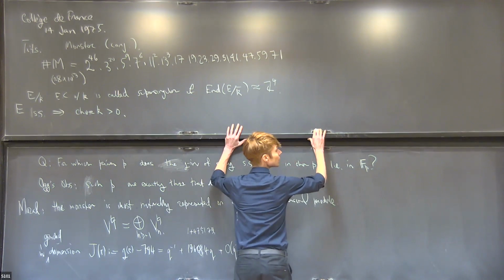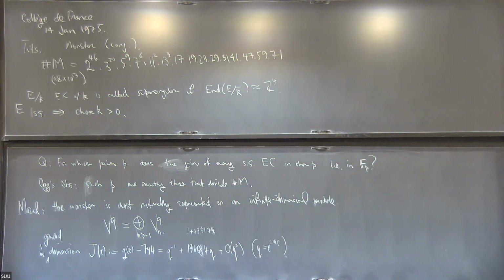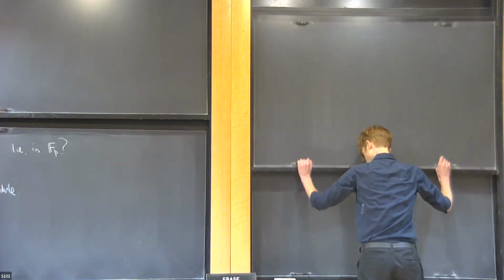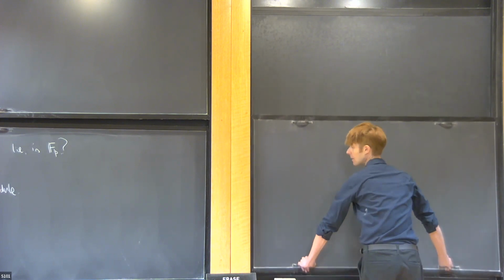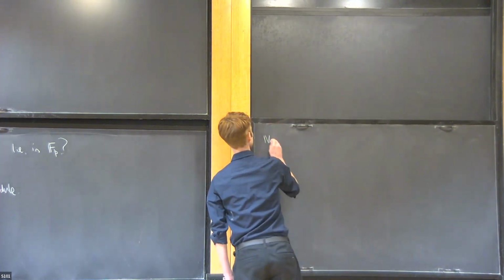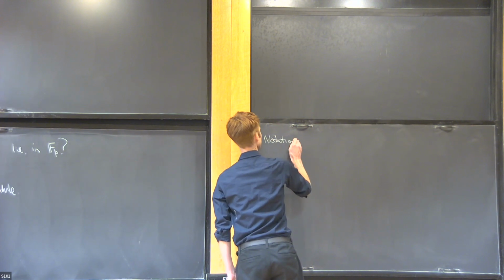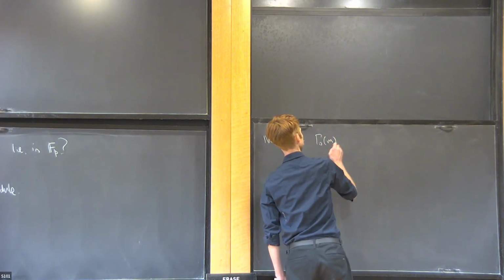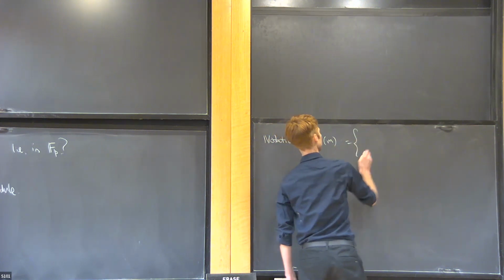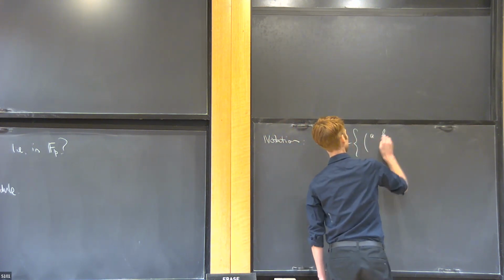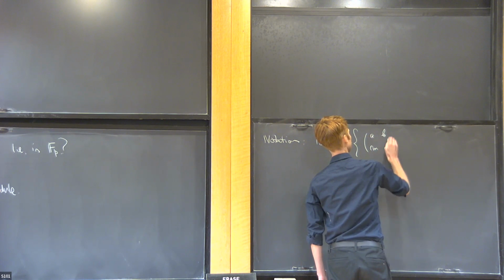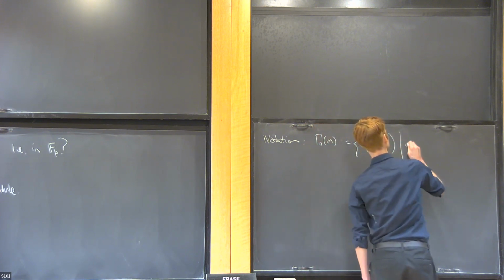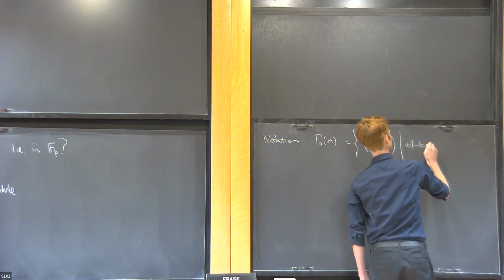So to explain that, I'll introduce a little bit of notation. So gamma naught M, of course, has been mentioned. This is matrices like so with integer entries.